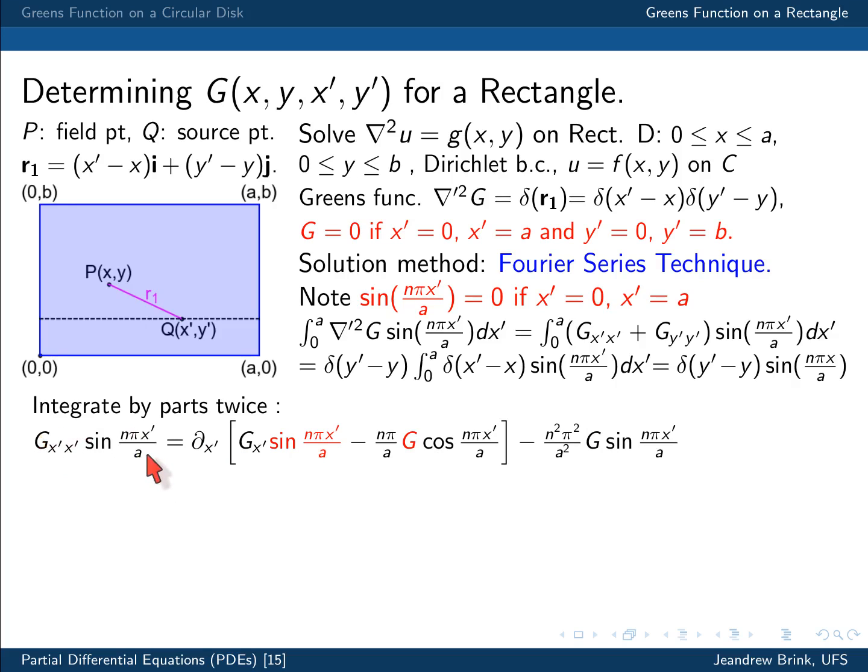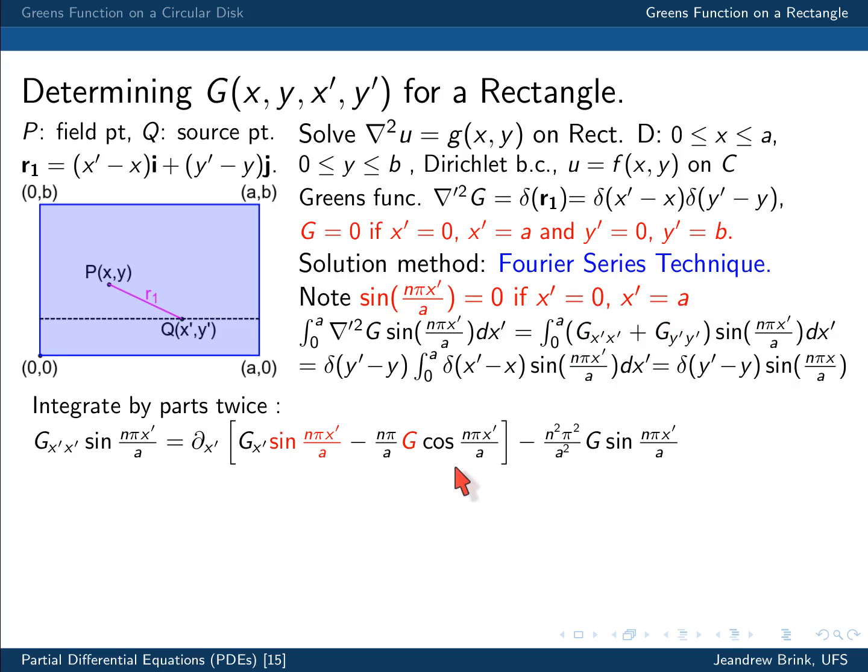Okay. The thing to note here is if you write it in this way, when you integrate it from 0 to a over dx prime, this thing here is a boundary term, and you only have to evaluate it at x prime equals 0 and x prime equals a.